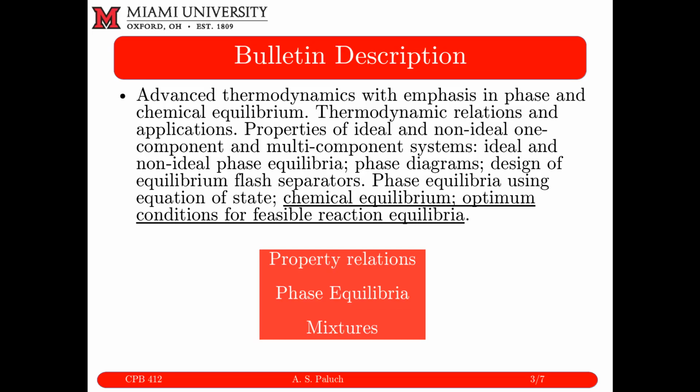So there's a lot there. To essentially distill it down, no pun intended, the 3 big topics that we'll cover in this course will involve property relations, phase equilibria, and mixtures.